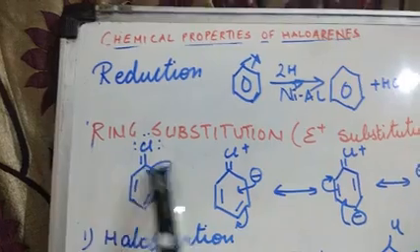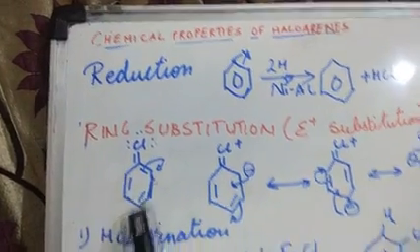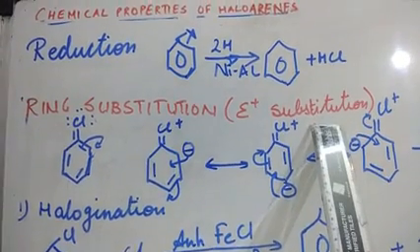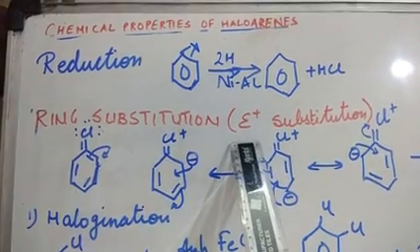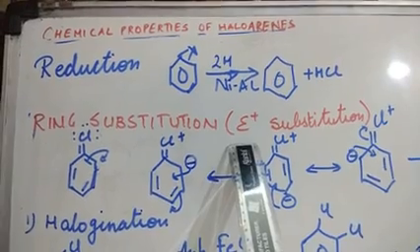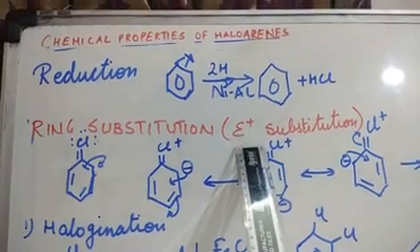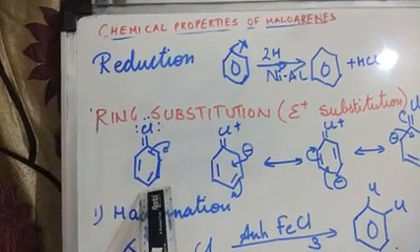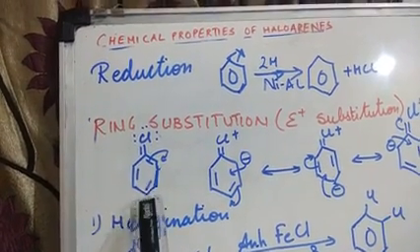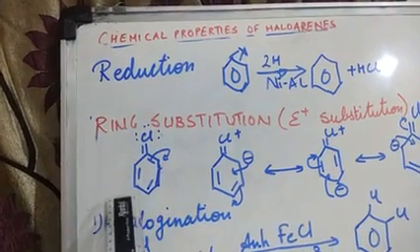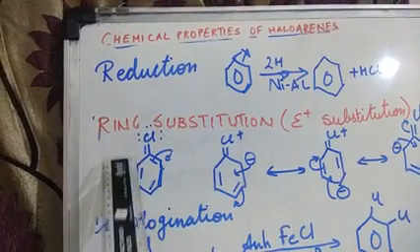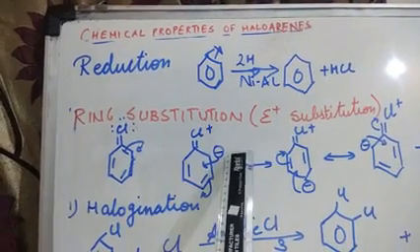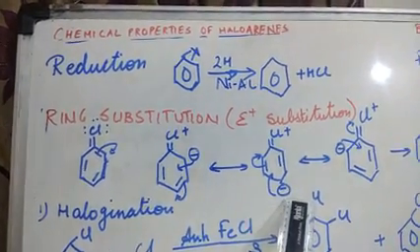In the ring substitution reaction, electrophilic substitution is taking place. Why electrophilic substitution? What are electrophiles? Electron deficient species, positively charged species. So as you know, students, in case of aryl halides like chlorobenzene, resonance is taking place, and due to resonance negative charge develops either on ortho or on para position.